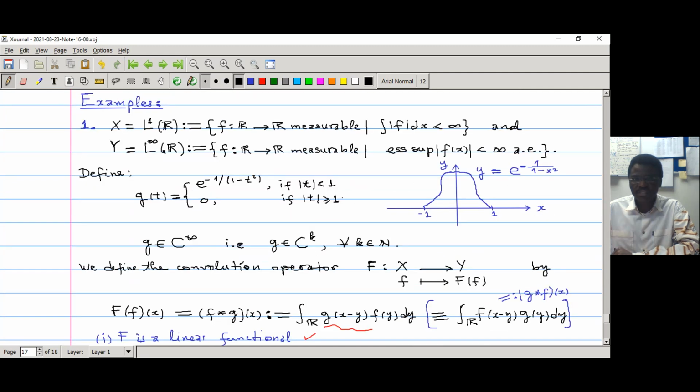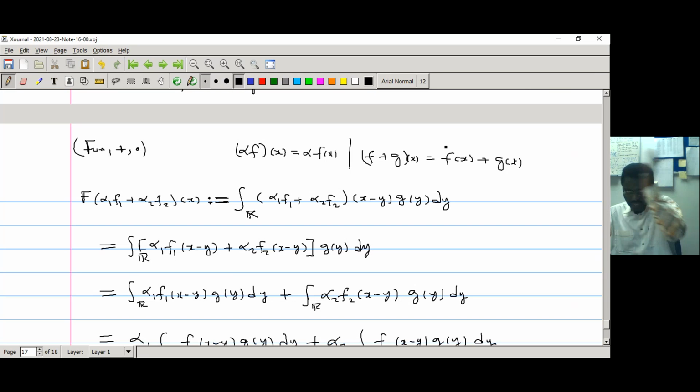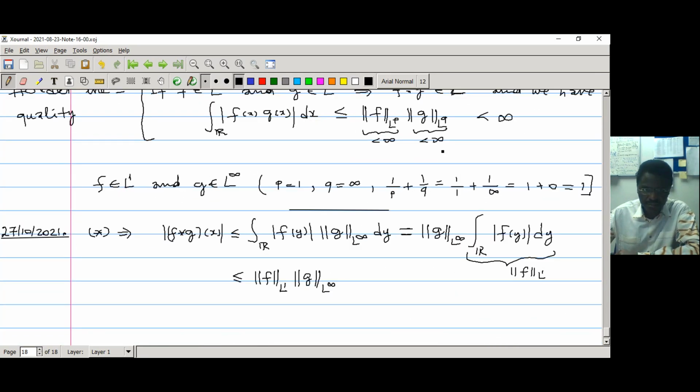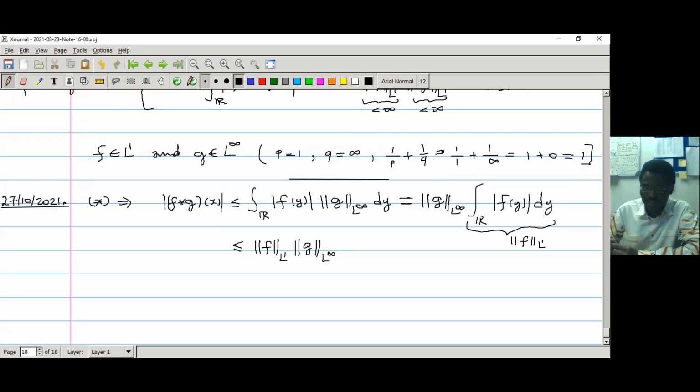y, which is the L infinity. Okay, so then we take the essential supremum, which would be the L infinity norm. So that's what we will do here, because we're in that space, right?